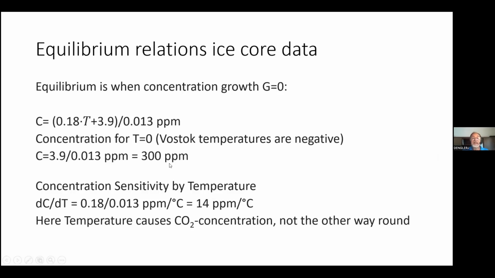Whereas in 100 years, the biological world comes into an equilibrium. So we have the concentration sensitivity by temperature, which we could attribute to the ocean. And this fits actually quite well to Henry's law.